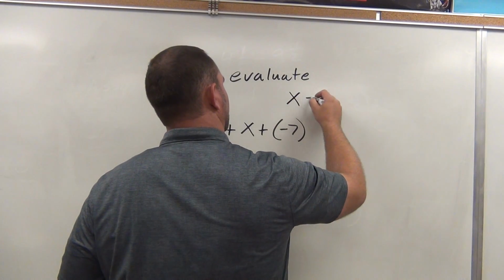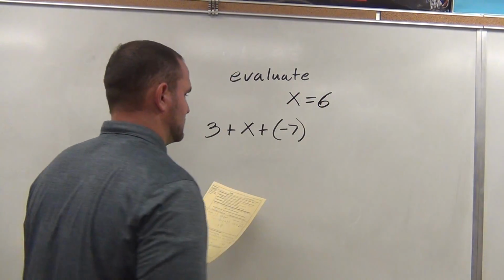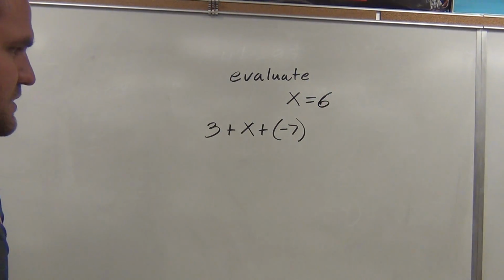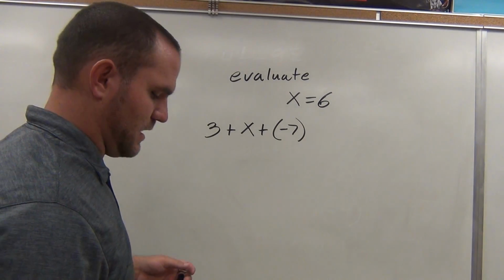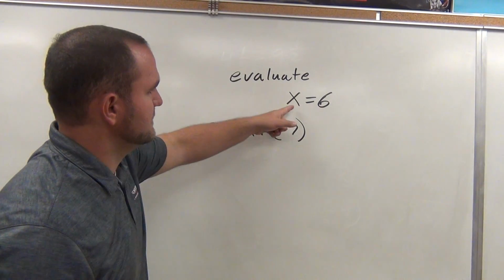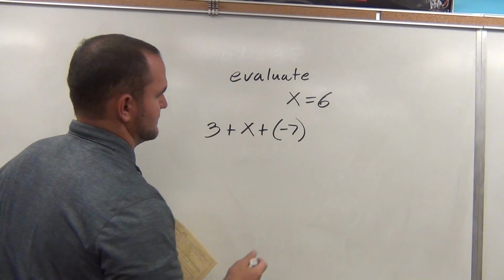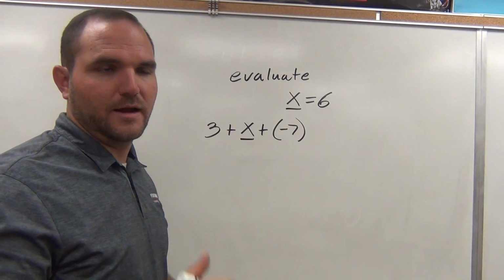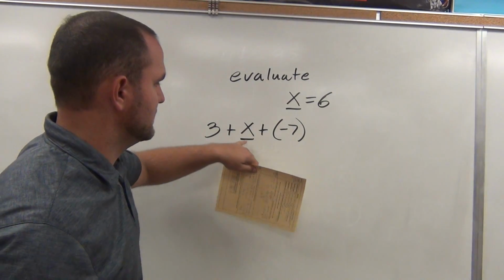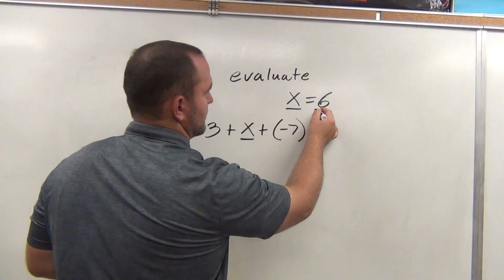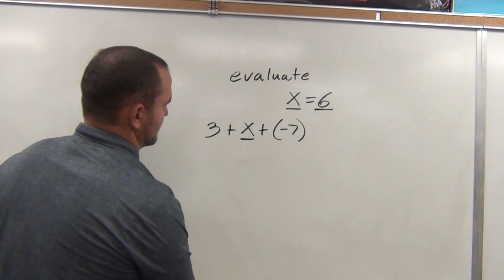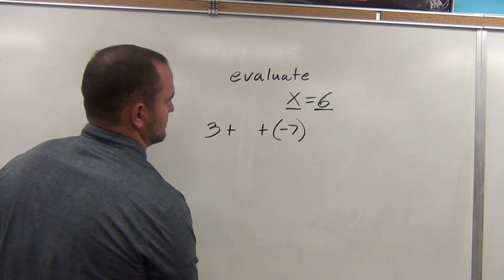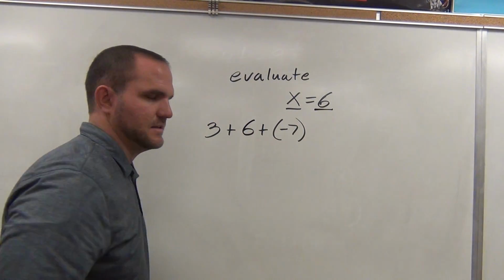They said x was equal to 6 for this particular problem. So that means that this x and this x are the same. And that means that x can be substituted with this 6. So I could just take this right out and put a 6 there.